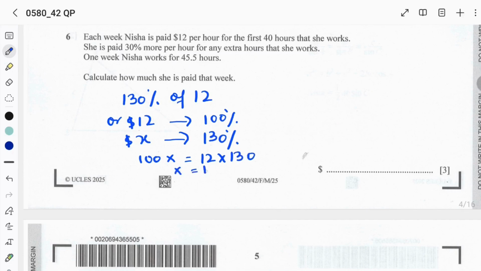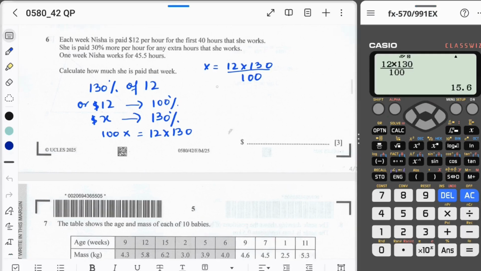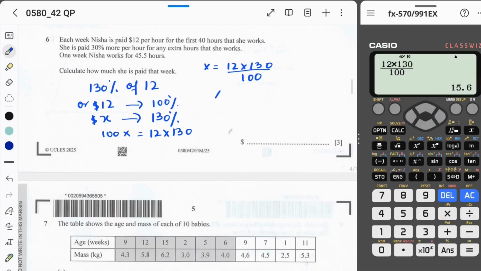X equals 12 times 130 over 100, which equals 15.6.